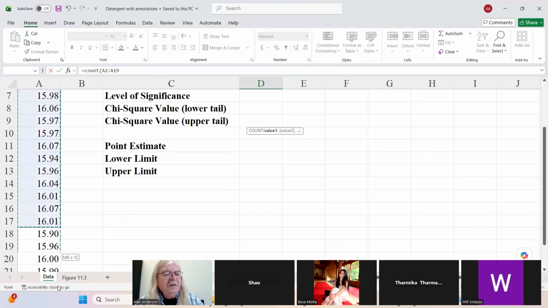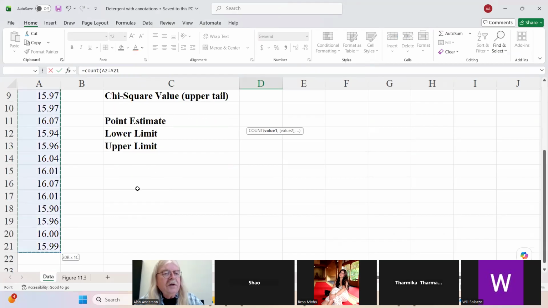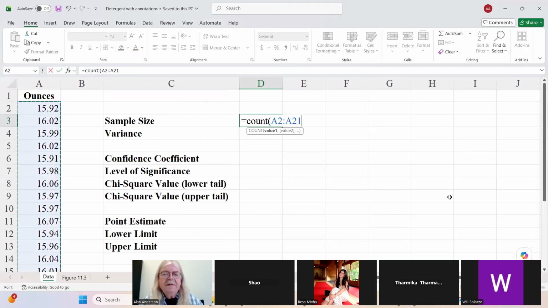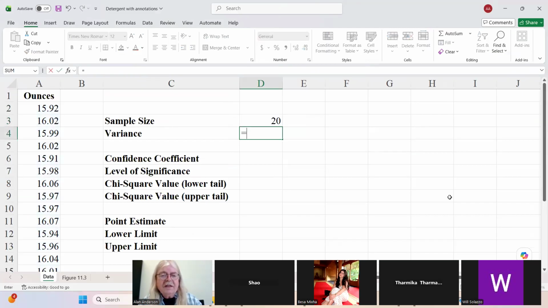So we select the entire column, A2 through A21. And then the variance, which means the sample variance, var.s is how Excel spells that. Then again, you're telling it that the data is in A2 through A21.